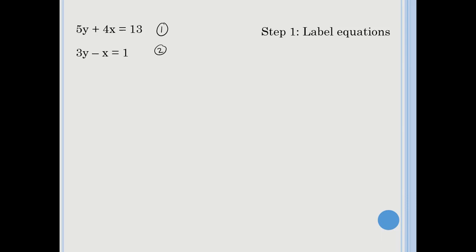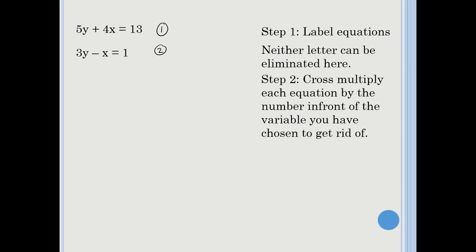Usually at this point we would identify a variable that's got the same value, and then we would look to either add or subtract in order to cancel one of them out. Unfortunately, with this one, we've got 5y and 3y, we've got 4x, and we've got the subtract x or negative x. So there isn't anything immediately that jumps out that we can cancel.